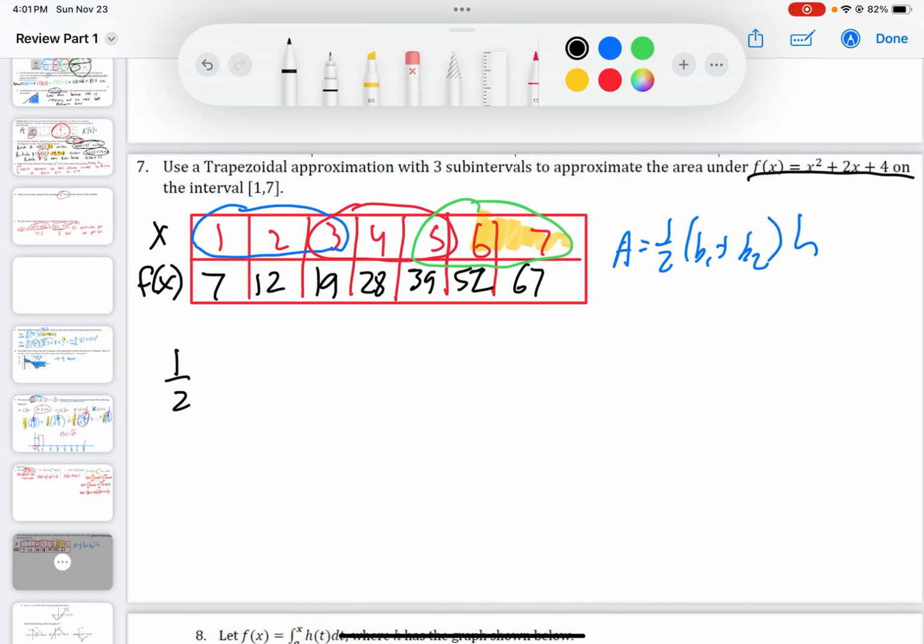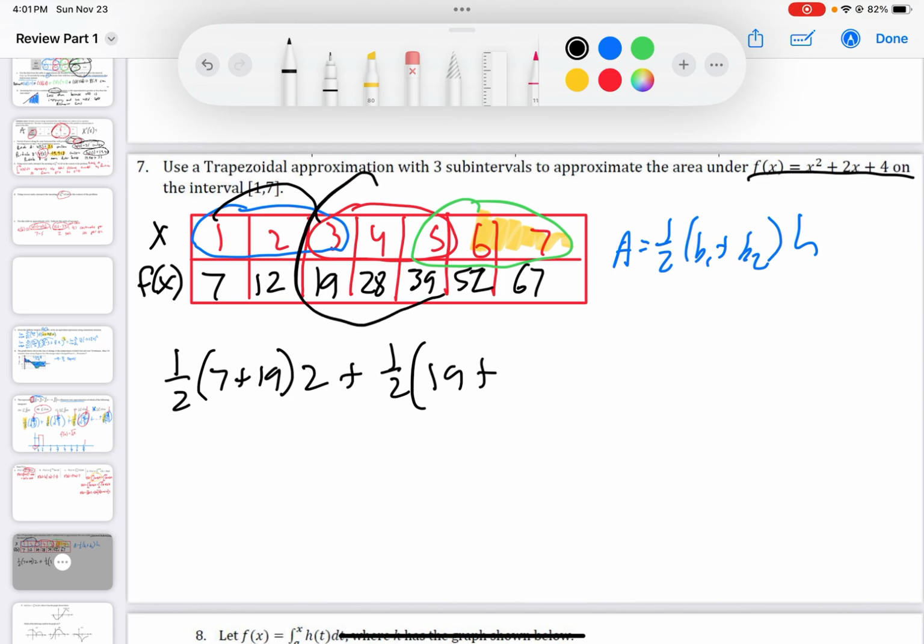So it's 1/2 base 1, which is 7, plus base 2, which is 19, times the distance between 1 to 3, which is 2. Plus 1/2 base 1 is 19, looking at this whole interval right here, plus 39. The distance from 3 to 5 is 2.